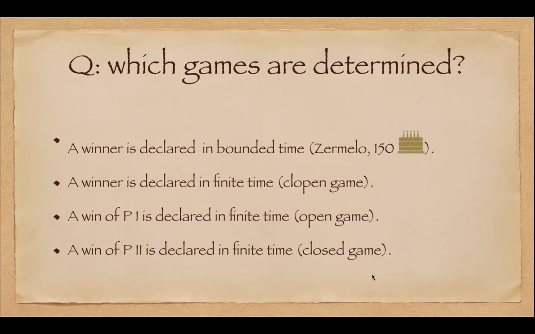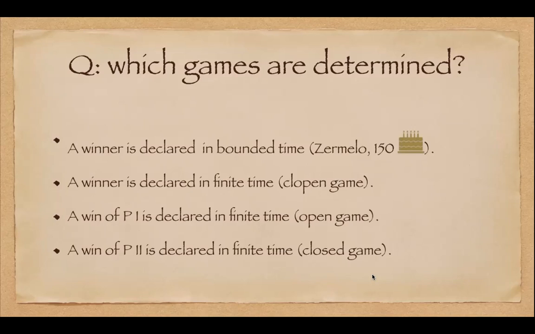And now another example is a game where the identity of the winner is known after a finite number of stages, not necessarily bounded, but after any play of the game, there is a certain stage in that play at which it is already known who is the winner.